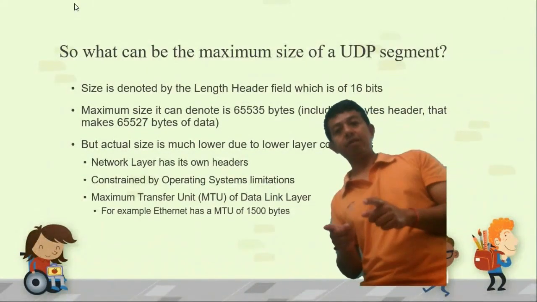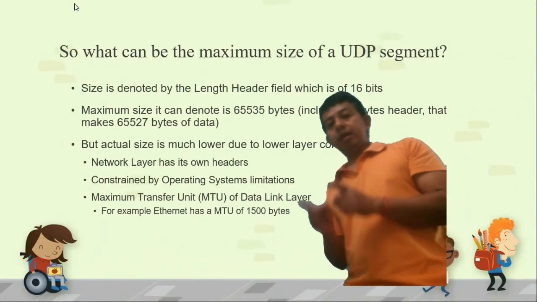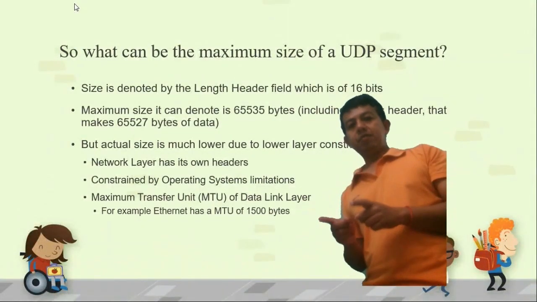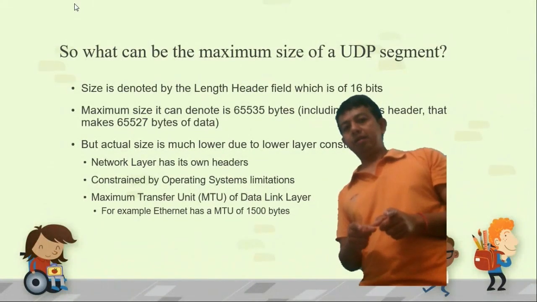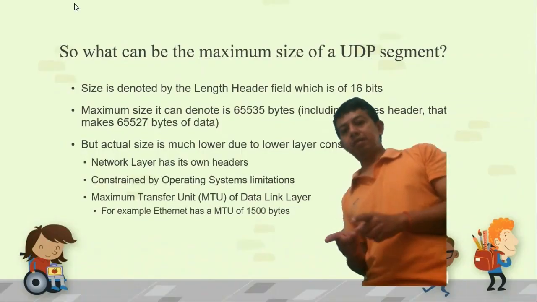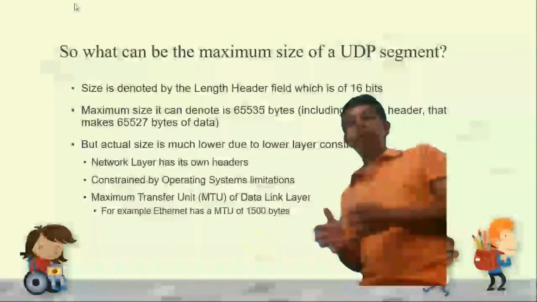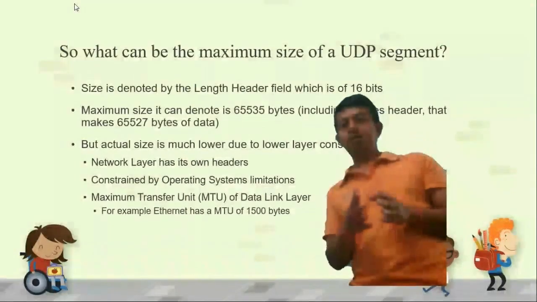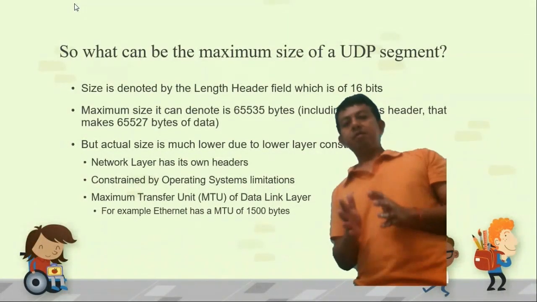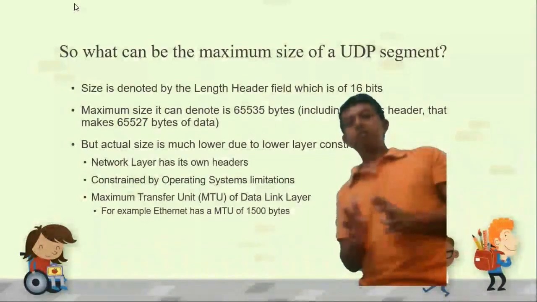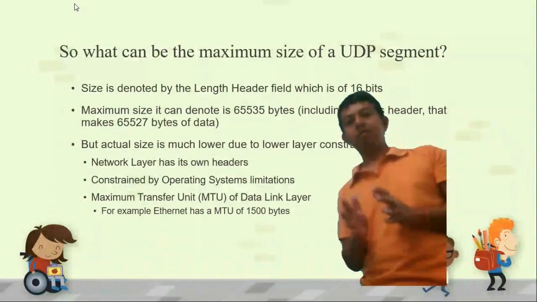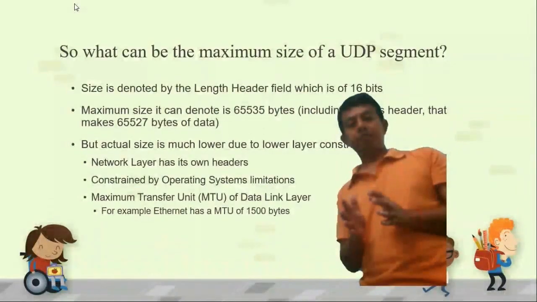And finally, the data is actually transmitted from the data link layer and the physical layer. They are the actual layers responsible for sending the data from one node to another node. Now these limitations place the maximum restrictions on the size of the UDP segment.